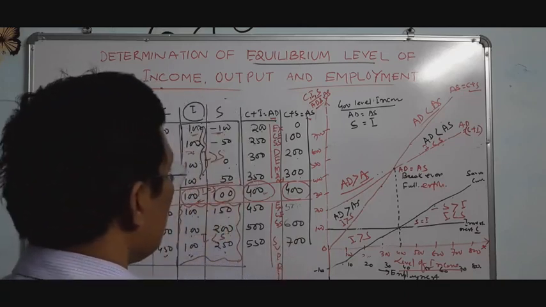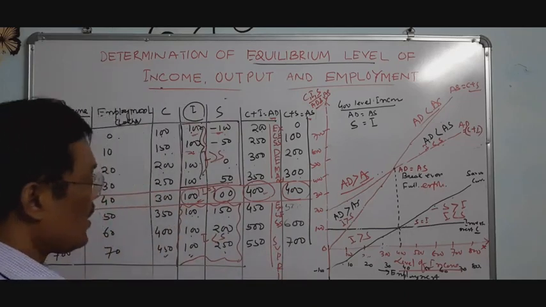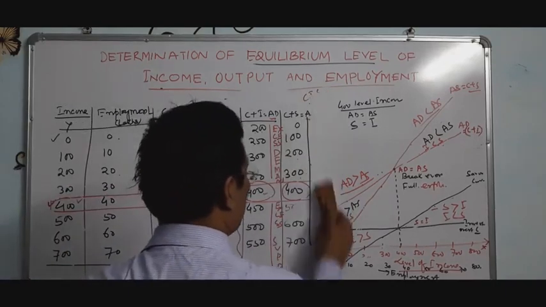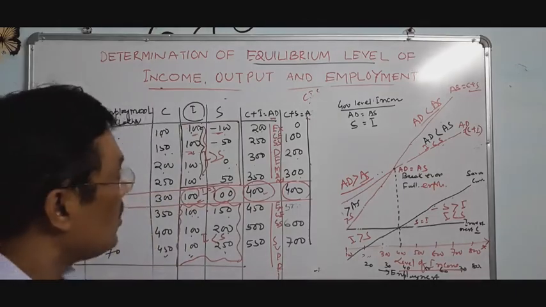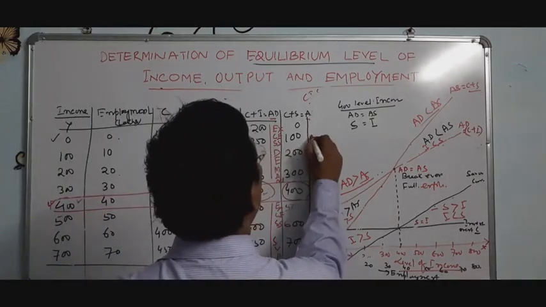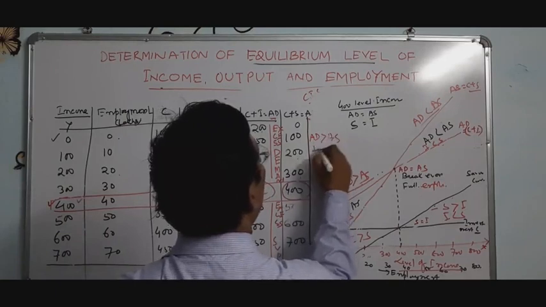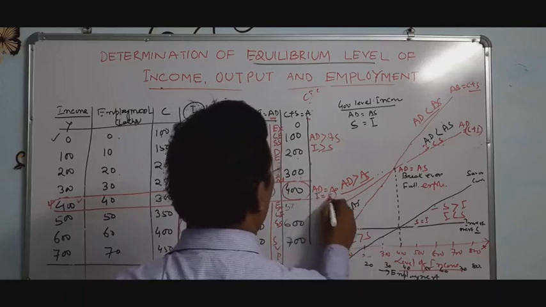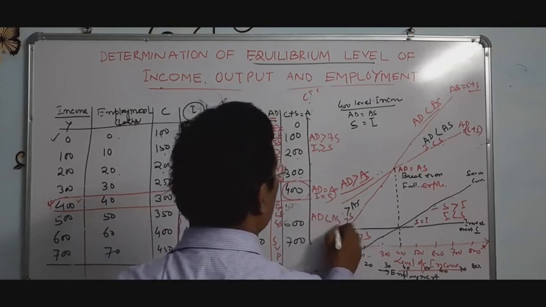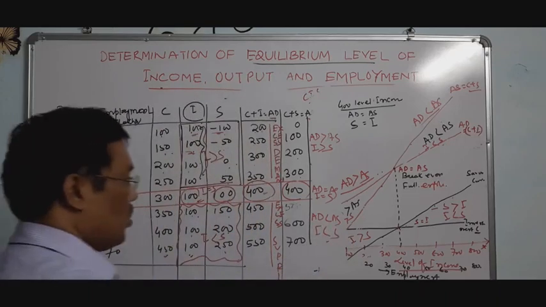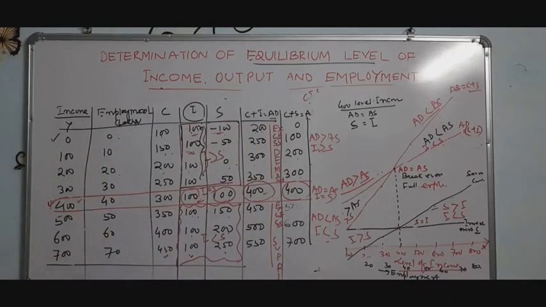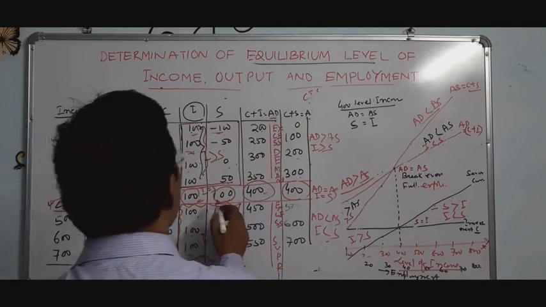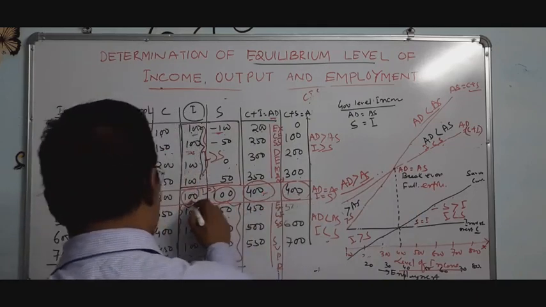So these are the different stages I want to state. In this case, we can conclude here that AD is greater than AS or I is greater than S, AD equal to AS or I equal to S, and AD is less than AS and I is less than S. So these are the conditions when we can solve it, and this is called that AD equal to AS, where the 400 level of income equal to aggregate demand equal to aggregate supply and saving equal to investment.